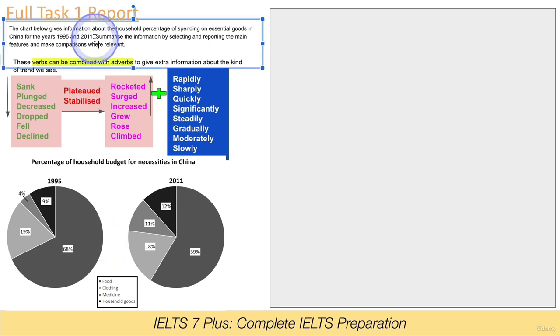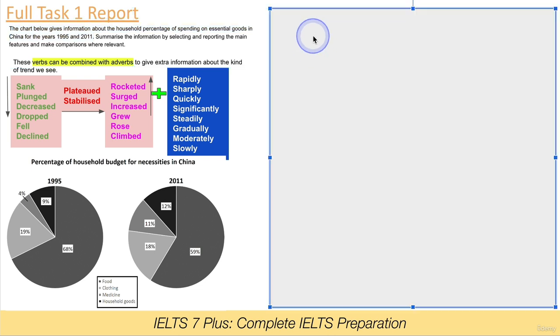Right, so we want to start off by paraphrasing this sentence here. The chart below gives information about the household percentage of spending on essential goods in China for the years 1995 and 2011. So we could be more specific.